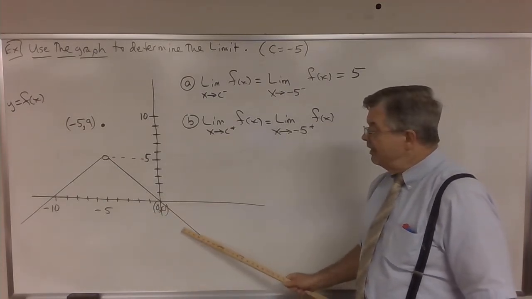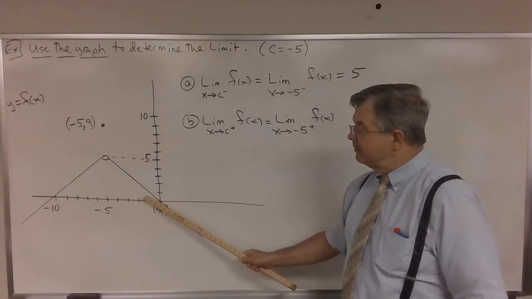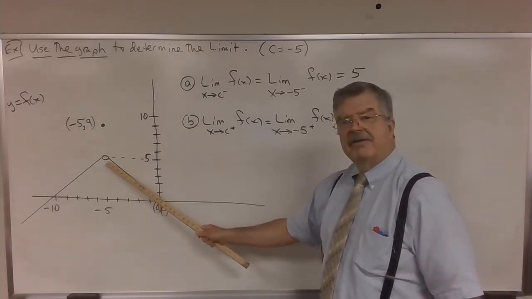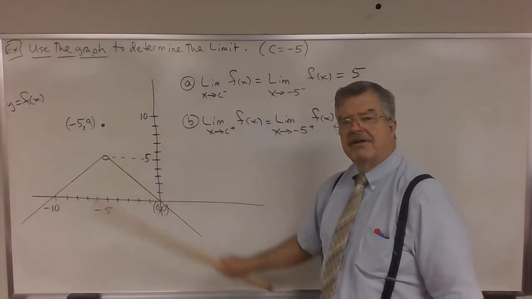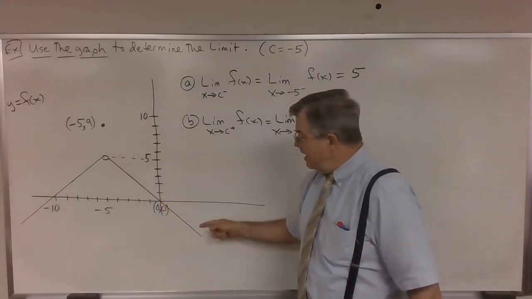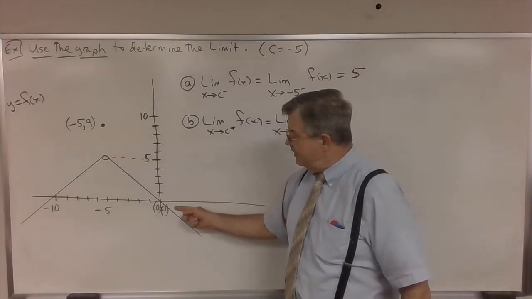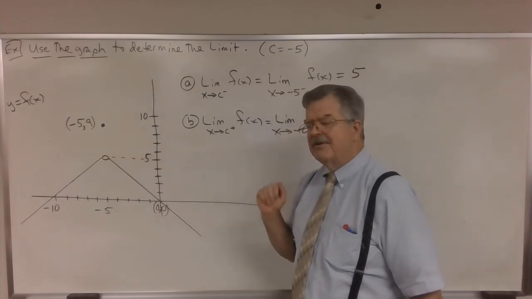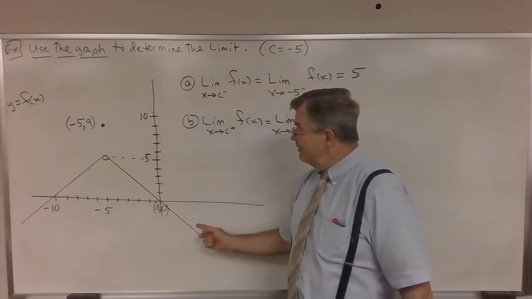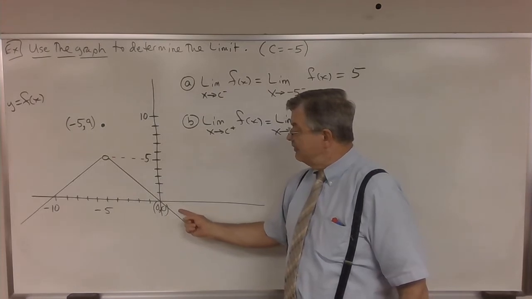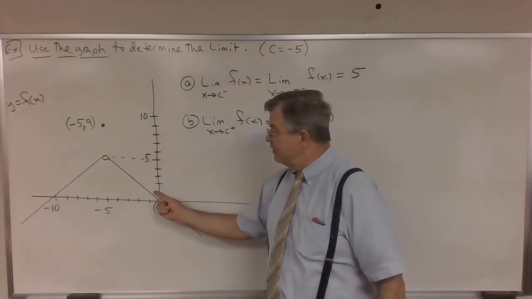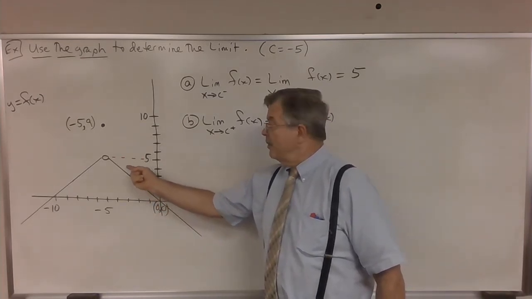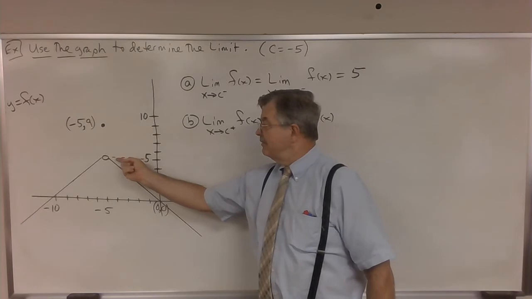And as we move along the graph in such a way that x approaches -5 from the right, what value does f of x, the y value, get close to? Let me try that again. As we move along the graph in such a way that x approaches -5 from the right, what value does f of x, the y value, get closer and closer to?